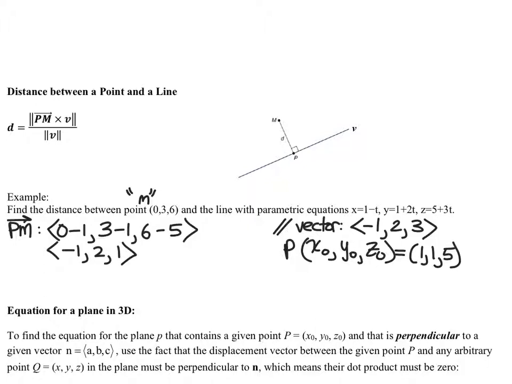So that's my P to M. We need to cross that with V and then divide by the vector magnitude.